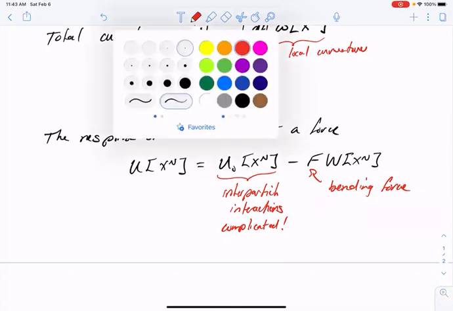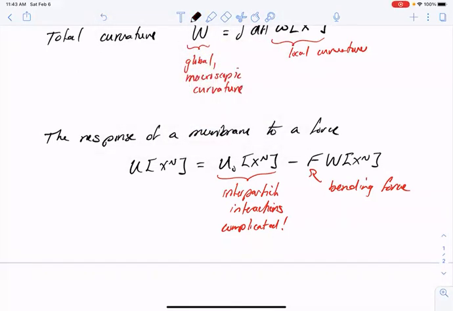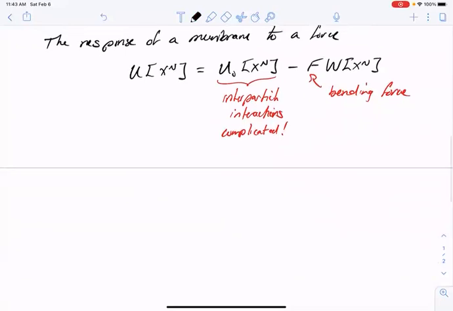Nevertheless, provided that force really enters into the potential energy function in a linearly conjugated way to the total curvature, we could imagine computing a partition function in the presence of that force, which is going to follow the same rules as we've seen before.